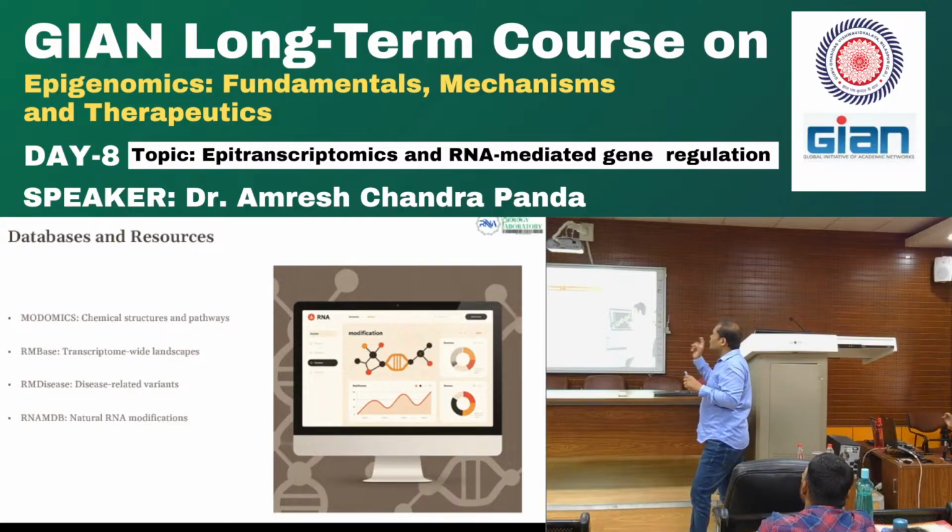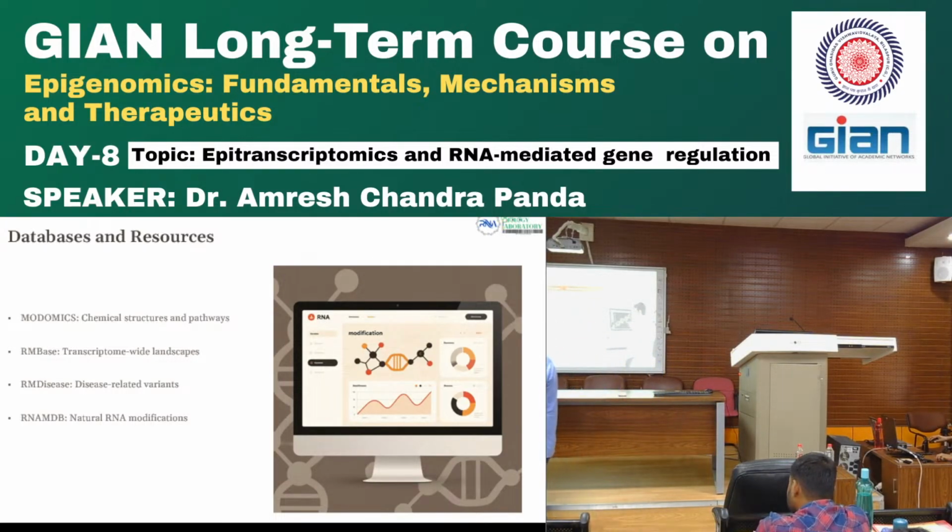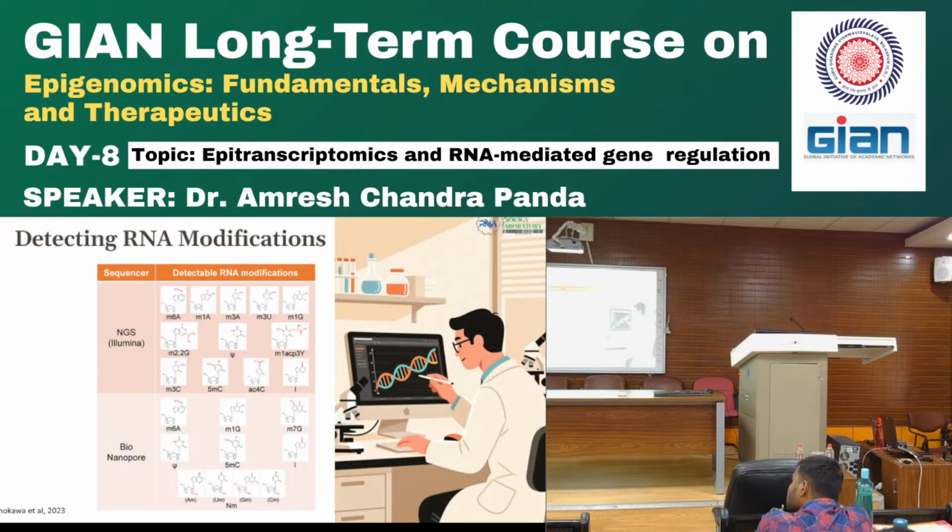And we also talked about the detection techniques. So if we are going to talk about therapeutics or use of modification in diseases, suppose you want to see if some modifications are more prevalent or less prevalent in any of the disease, you say cancer, diabetes, anything, how will you find that out? By sequencing, right?